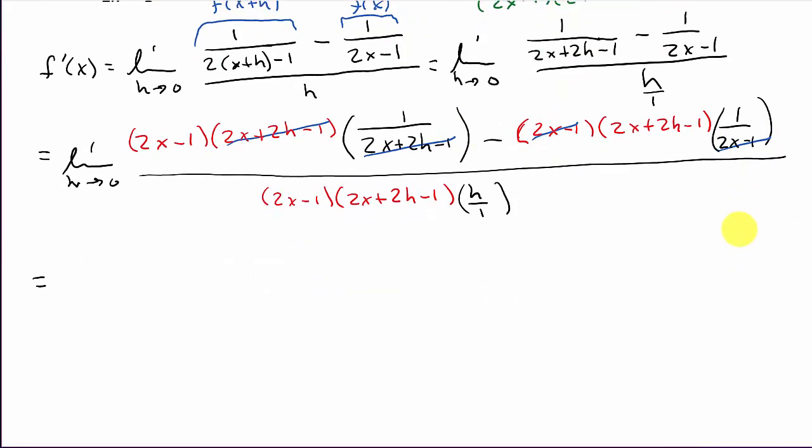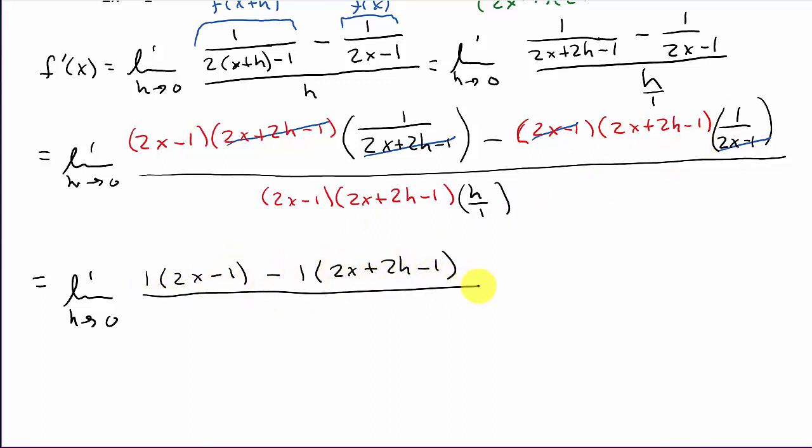Let's see what we get. We get the limit as h goes to 0 of 1 times 2x minus 1, minus 1 times 2x plus 2h minus 1, over h times 2x minus 1 times 2x plus 2h minus 1.